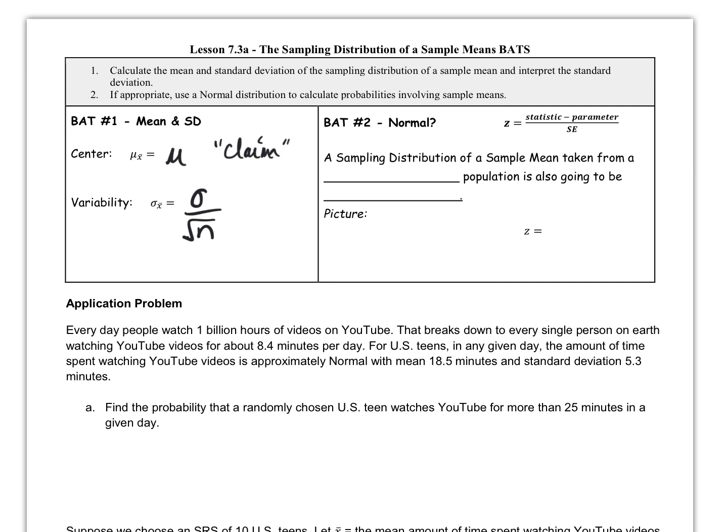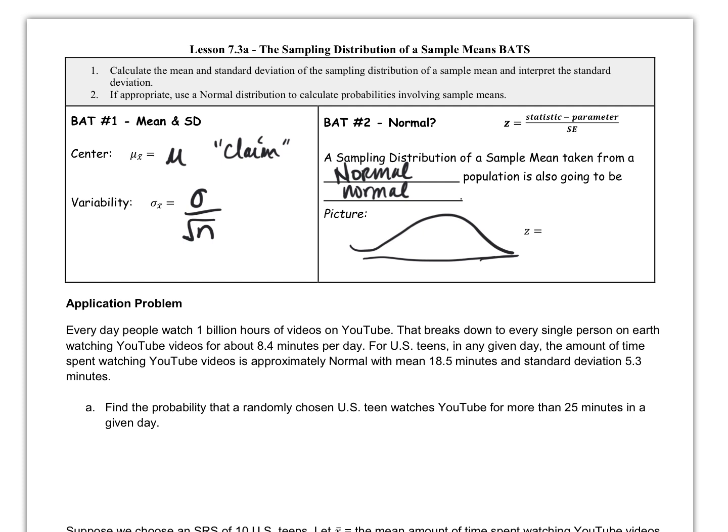Is it normal? A sampling distribution of a sample mean taken from a normal population is going to be normal in shape. You're like, well, duh. Yeah. So if the population is normal, we saw that that sampling distribution was normal, right?